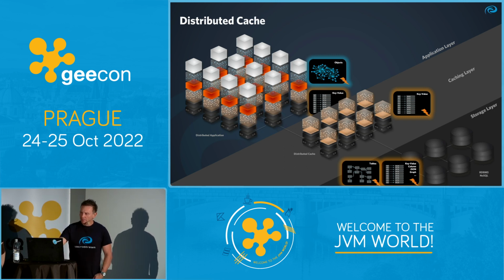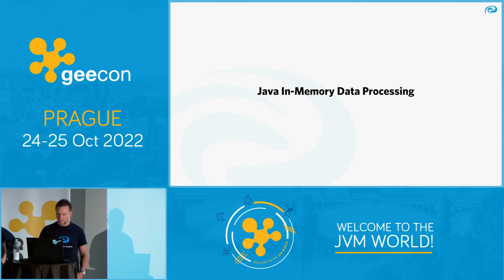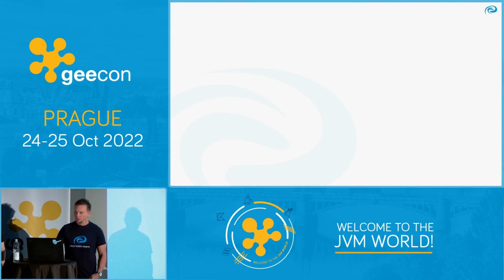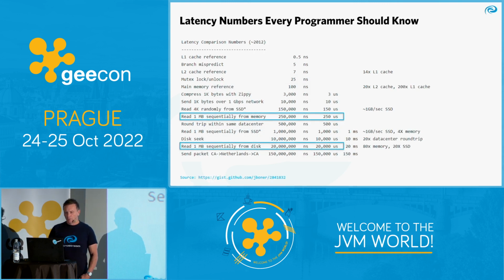So we believe, and we have proven that, in Java in-memory data processing is extremely fast. And this is what you have seen in the performance demo. Java in-memory data processing is extremely fast. Here we can see some numbers from GitHub. Why is in-memory computing so fast?